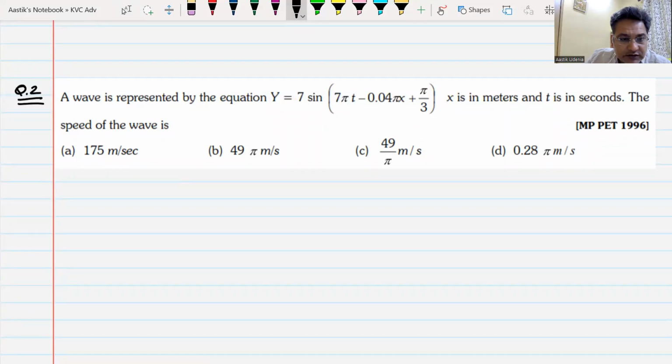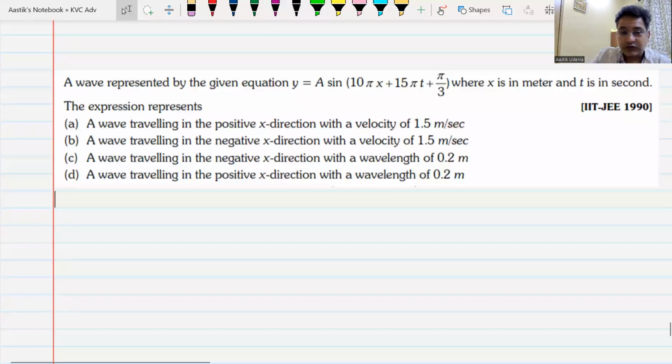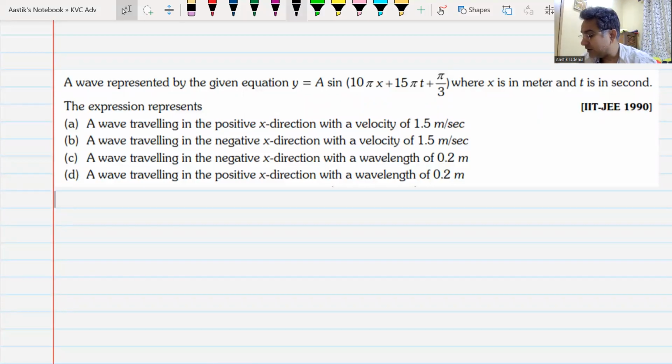Now this is a question from your previous year IITs, and it may have more than one option correct. So remember, these are the most difficult type of questions, the multiple choice, because if you mark any option wrong, you get negative. So this is a multiple option correct question. Question number 3. A wave is given by this equation, where x is in meter and t is in seconds.